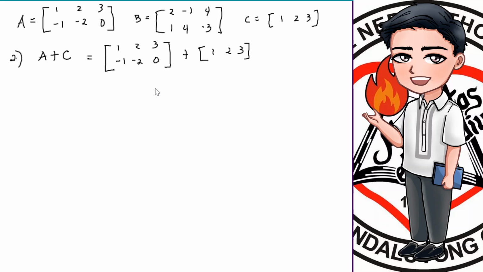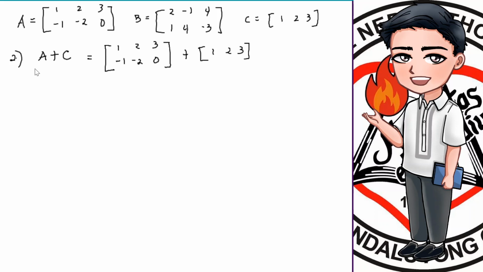Now, recall the first condition that we need to remember: we can only add two matrices if both of them are the same size or the same order. Do matrix A and matrix C have the same size?